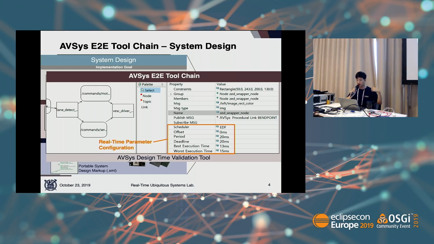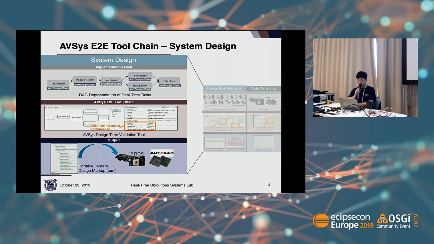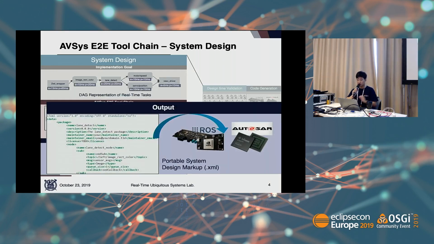Then we cover the simulation of the timing behavior. After you draw this block diagram, you can get the portable system design markup. As you can see, it is usually XML, which means portable.